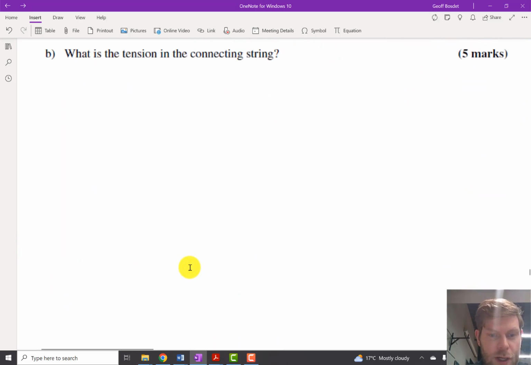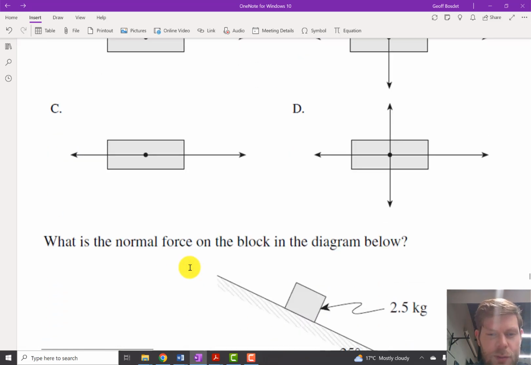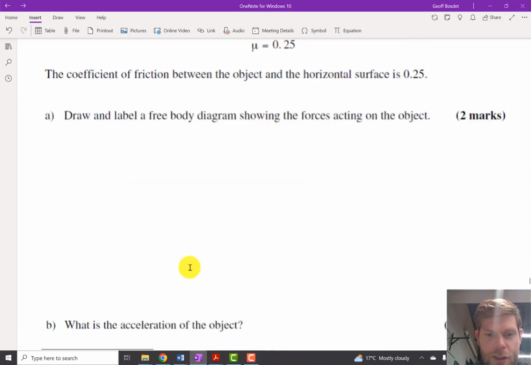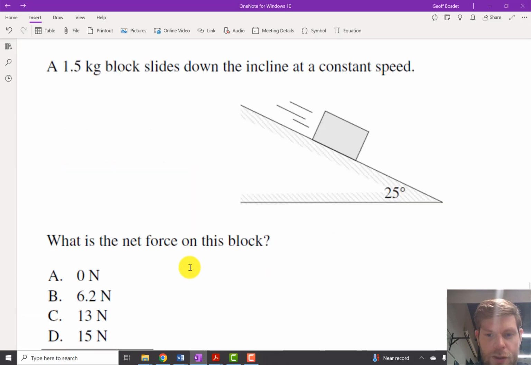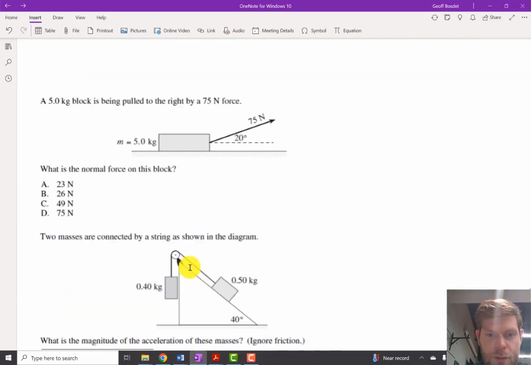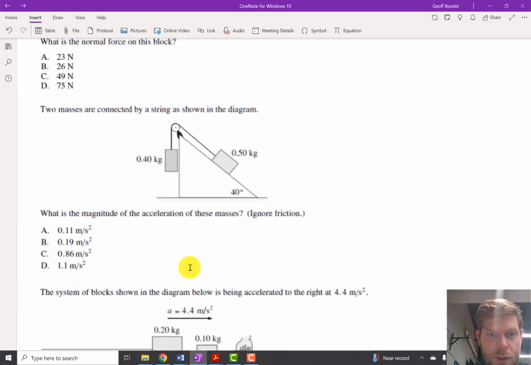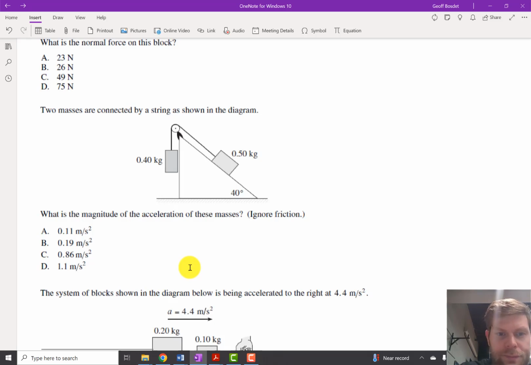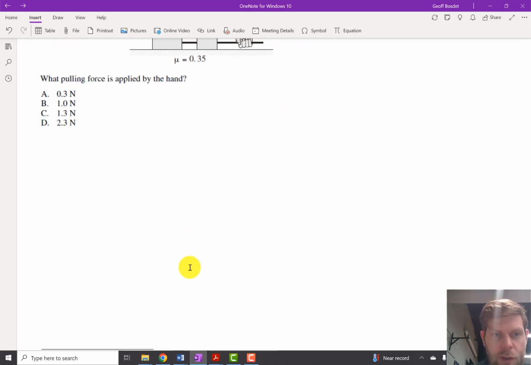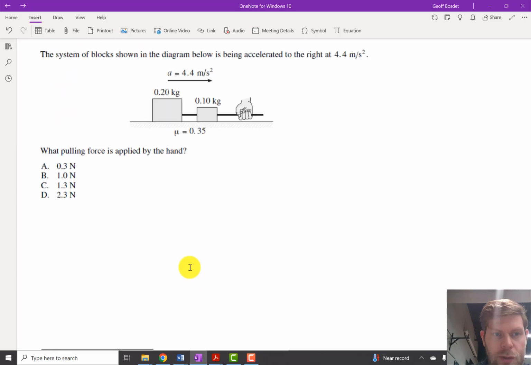If we wanted to do another one, they sometimes show up kind of like this. Or we could do something harder, but why don't we just do this for now?